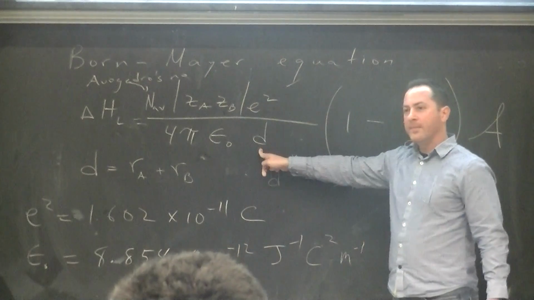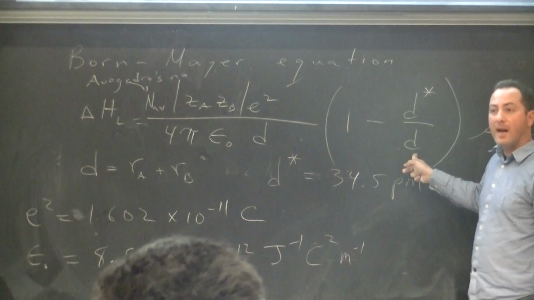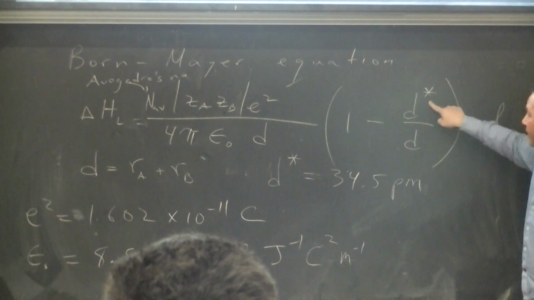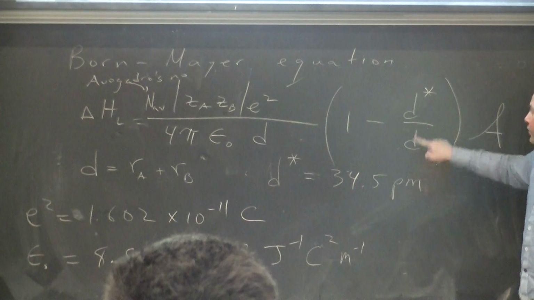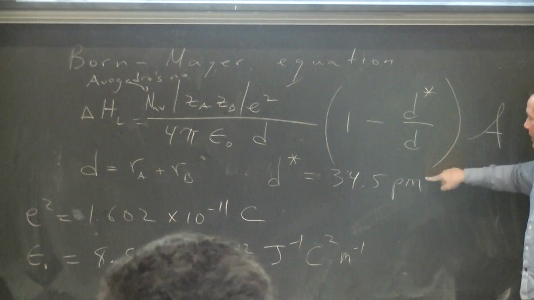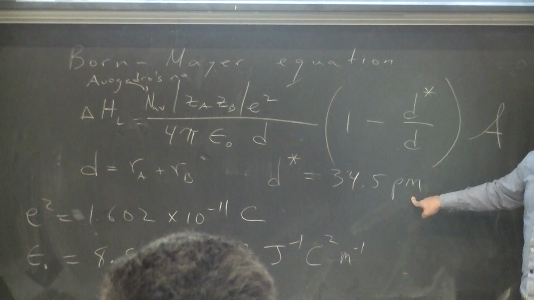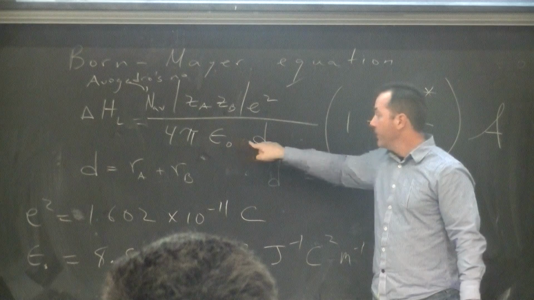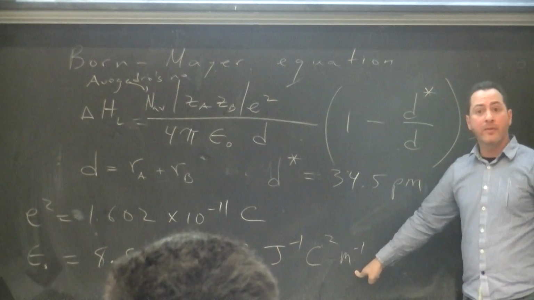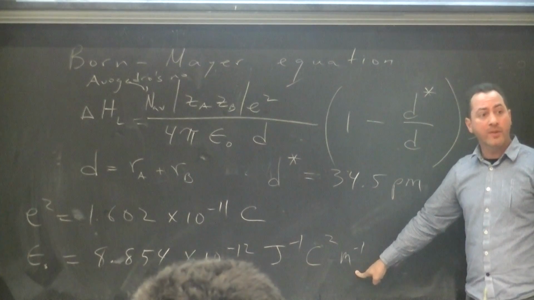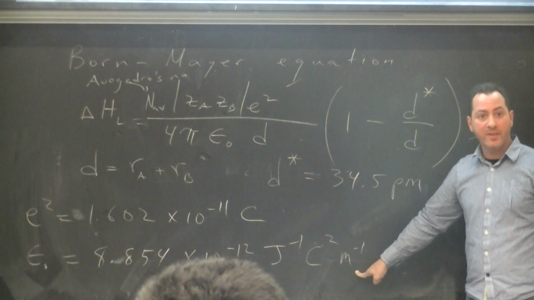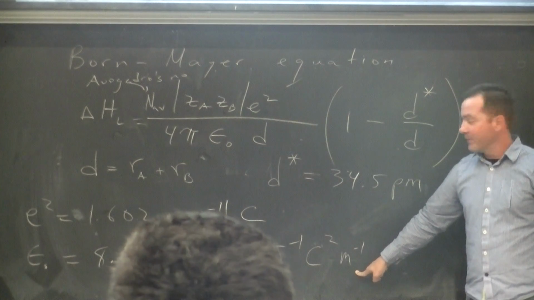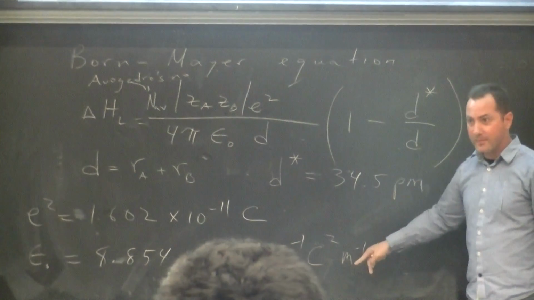This D and this D are the same quantity, but notice that here, to cancel units with D star, this D needs to be in picometers, but here, to cancel units with the permittivity, this D needs to be in meters. So it is the same value with different units, so don't mess up in the exam, all right? Or in the homework. I'm not saying, just saying.